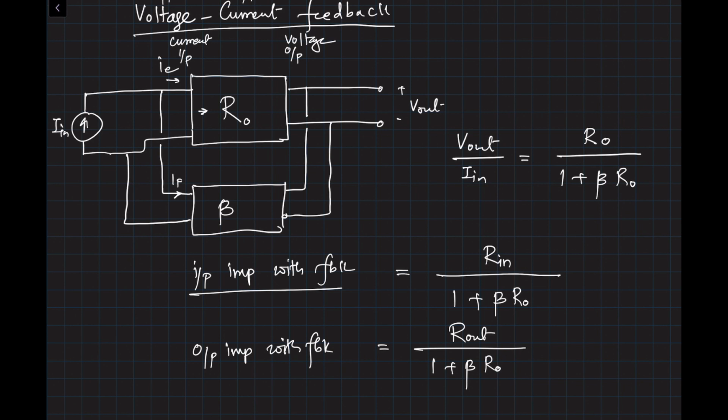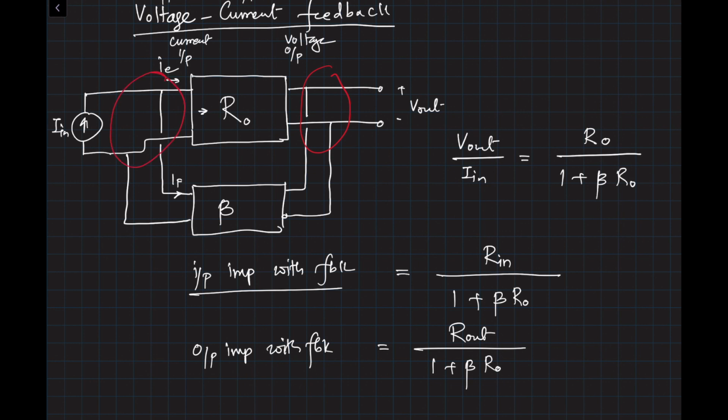So for example, in this particular case, if we look here, the sensing is happening by tapping off the voltage. So it's across the output, so it's in parallel. And whenever something is going on in parallel, then we say that the output resistance parameter will go down by the feedback factor, 1 plus beta times R out here.